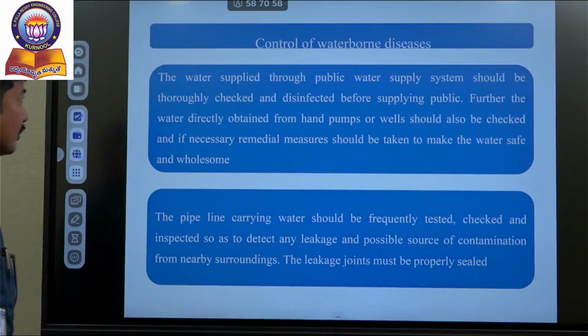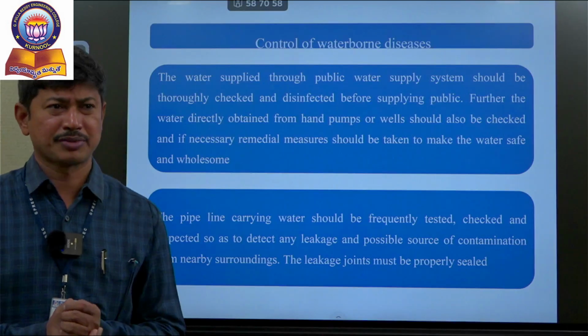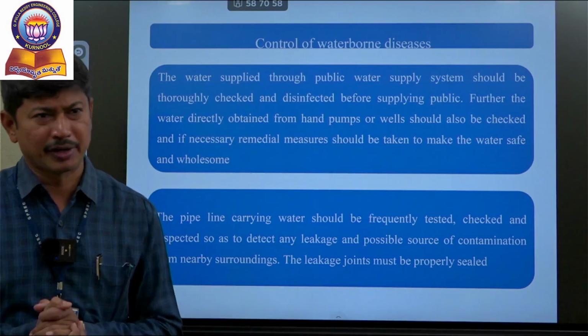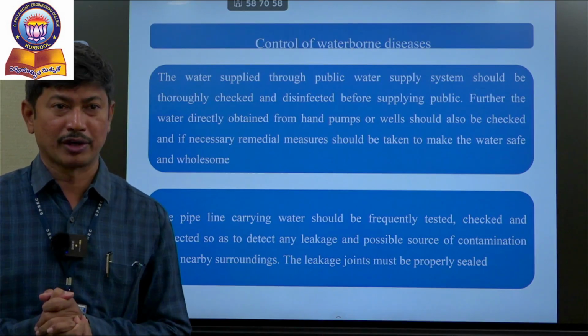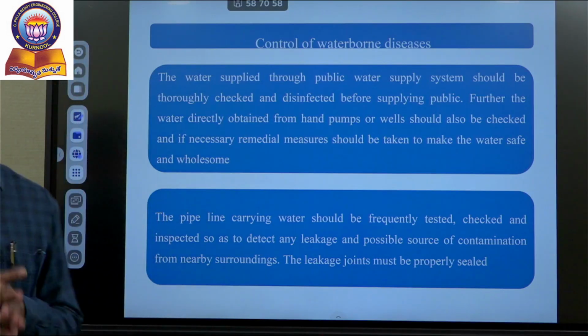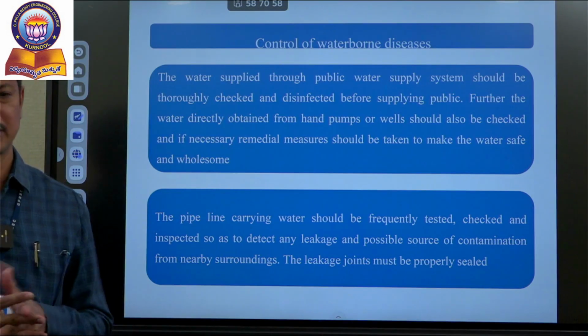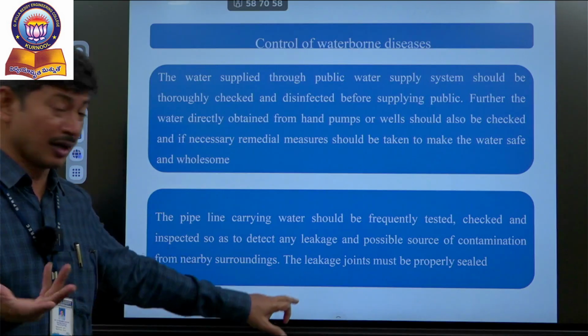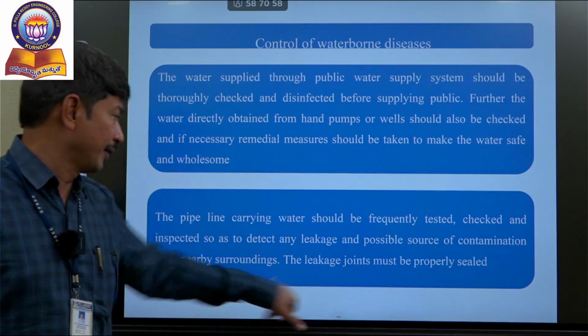Next, control of waterborne diseases. How to control them? First of all, proper treatment before supplying water to the public. Another one, frequently checking and inspecting along the pipeline, and any leakages must be sealed and repaired.